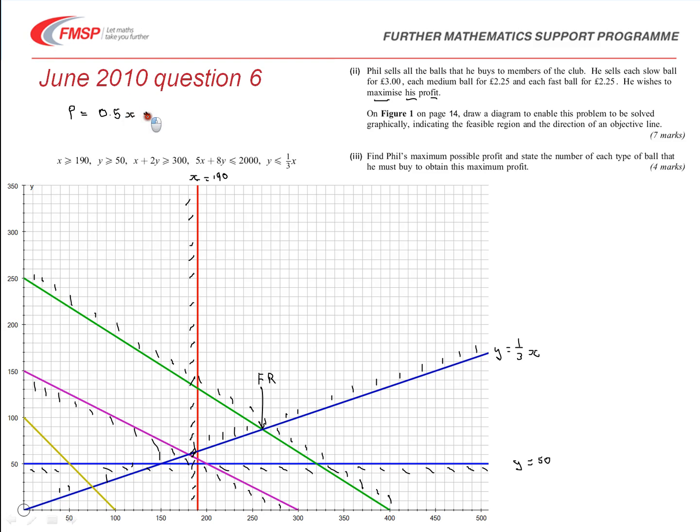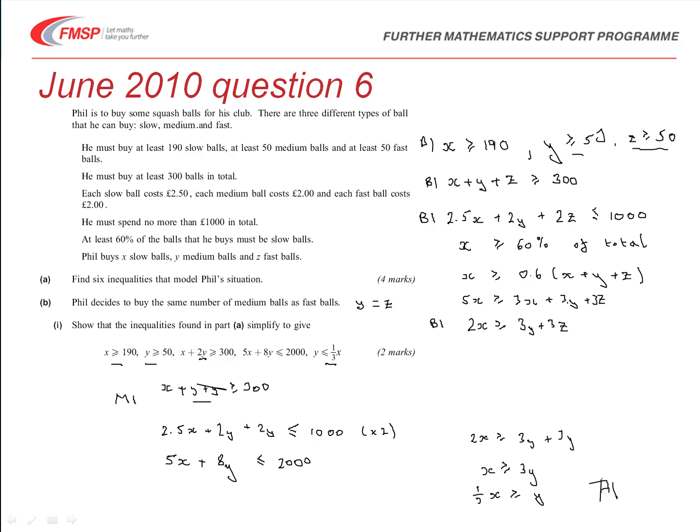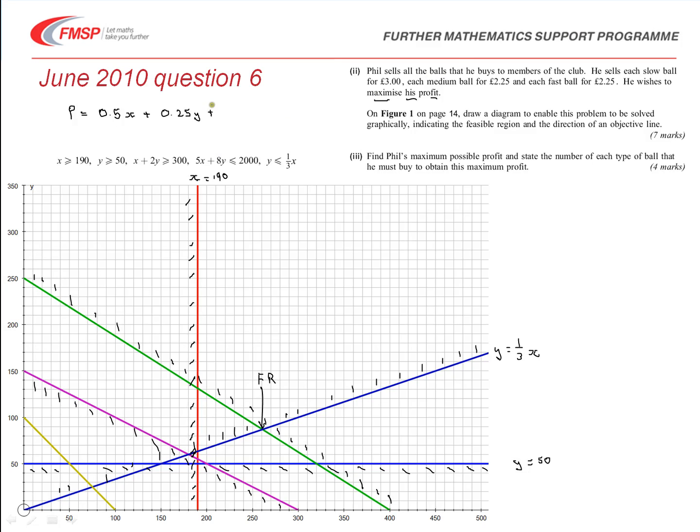Similarly, on the ones for y, he buys them for £2 and sells them for £2.25, so he's making 0.25, 25p on those, and he used y of them. And similarly on the fast balls for z, he buys them for £2 and sells them for £2.25, so again he makes 25p on each one.